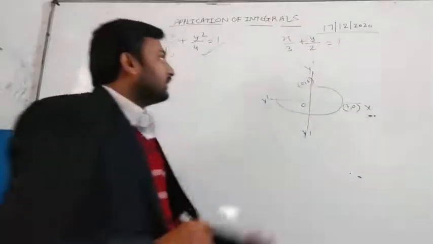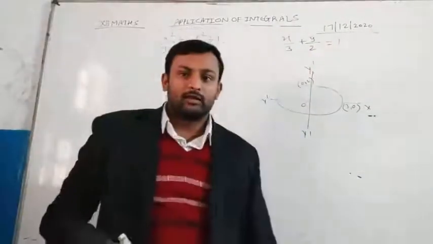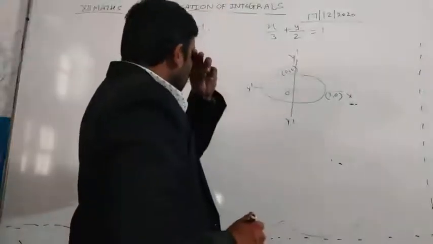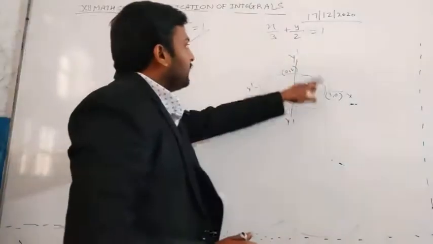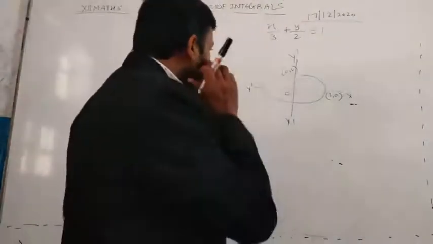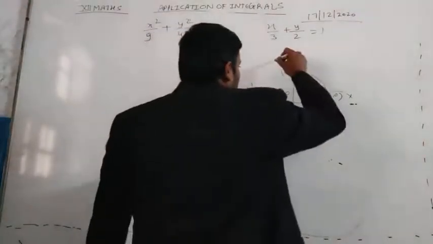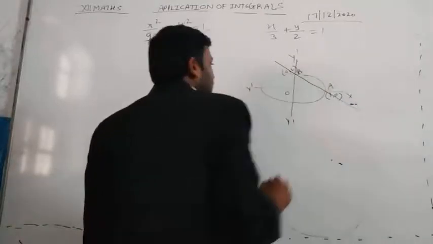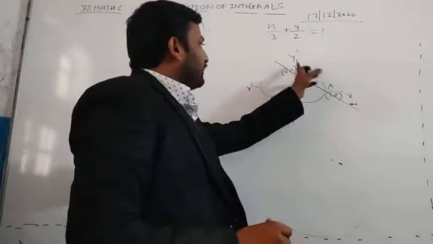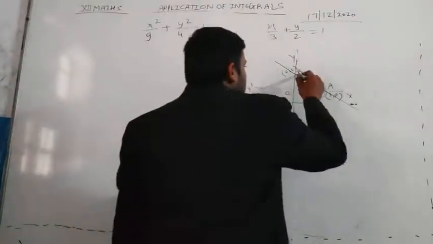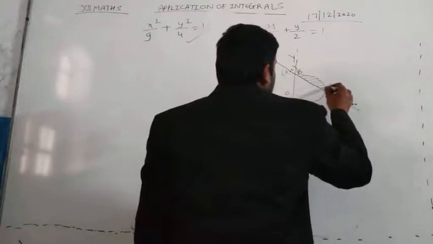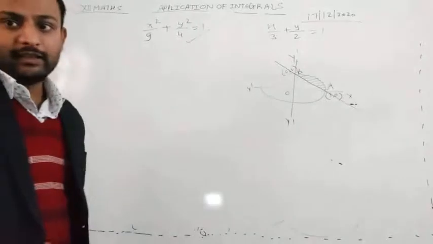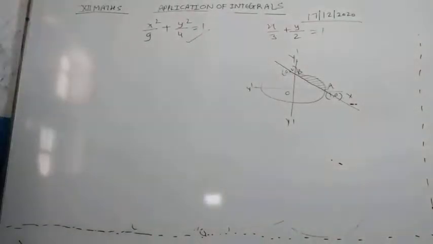And student, this is the intercept form of a line, where the x intercept a is 3 and the y intercept b is 2. So the line passes through the points A and B, whose coordinates are (3, 0) and (0, 2). The smaller region is this. So we have to find the area of this shaded region. Okay.